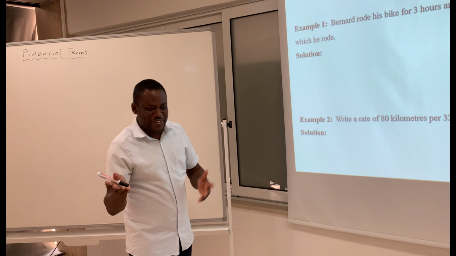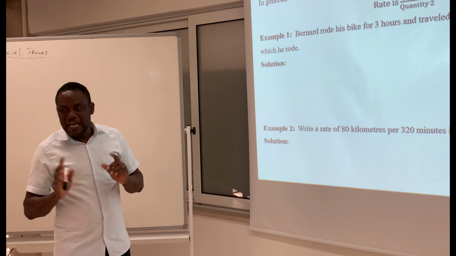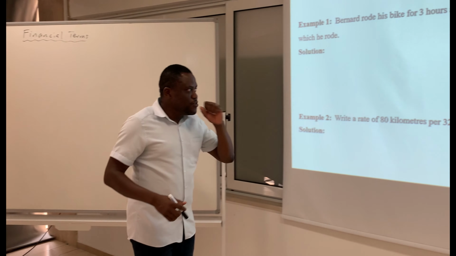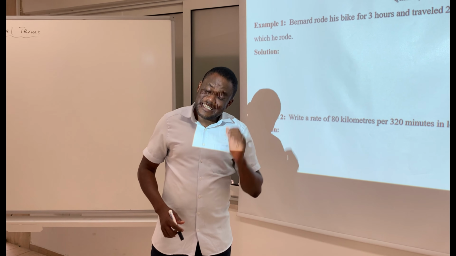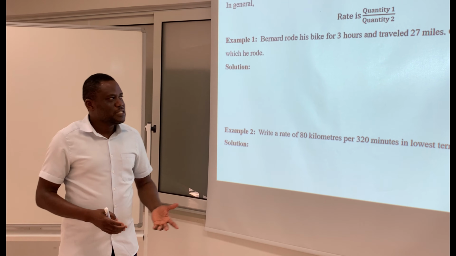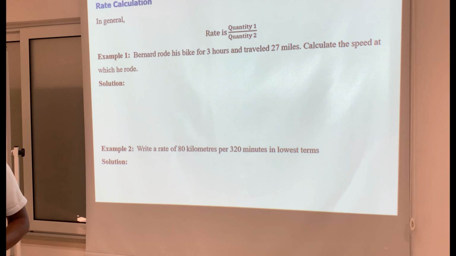This comedy that is going on the internet. Okay, Bernard rode his bicycle for 3 hours and traveled 27 miles. What is the speed at which he rode his bicycle?